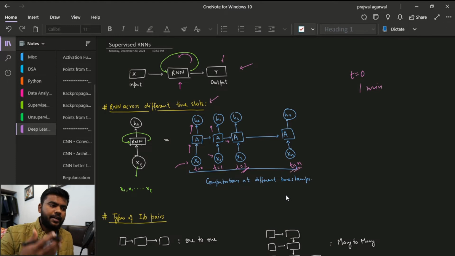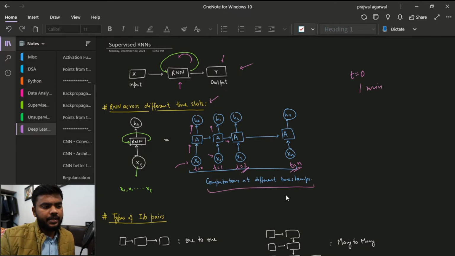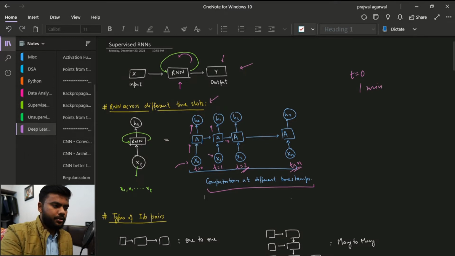Basically this is time series data, so it keeps on happening. So these are the computations at different timestamps. This is how you can picture RNN working across different time slots.